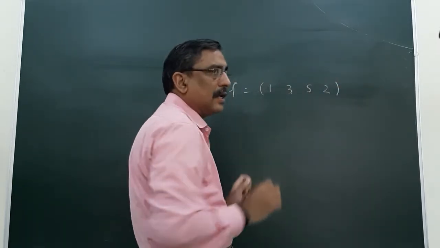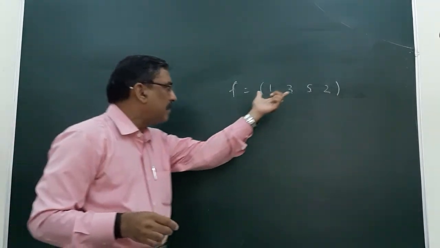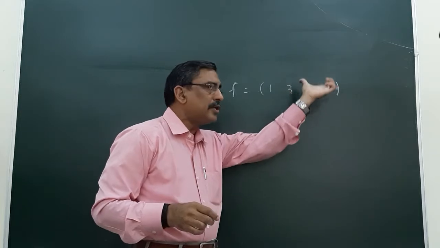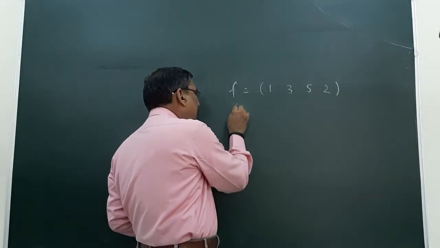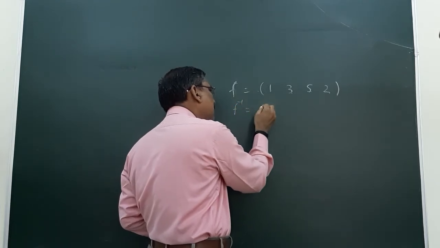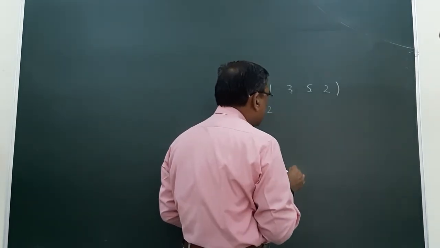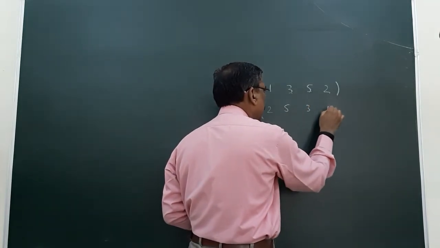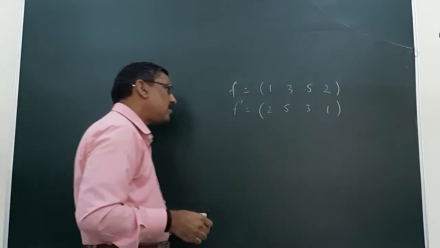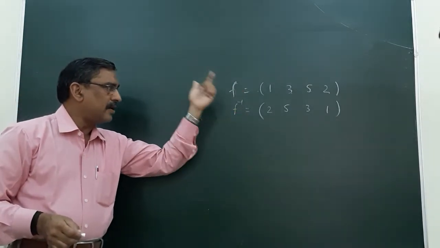This is the cycle, and a cycle is nothing but a simple representation of a permutation with this cycle only. If we want to find f inverse, then we simply write the elements in reverse order, that is 2, 5, 3, 1. So we can easily write f and f inverse.